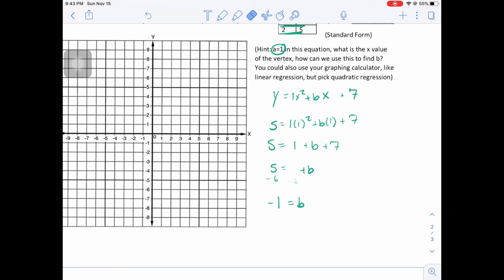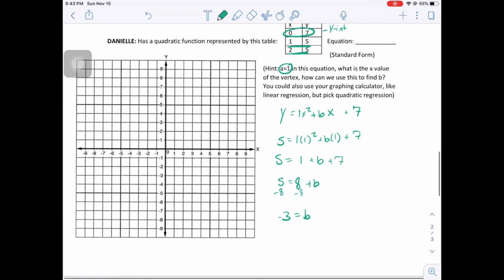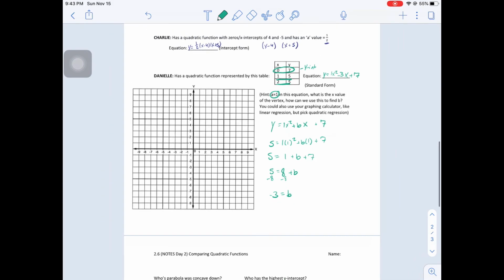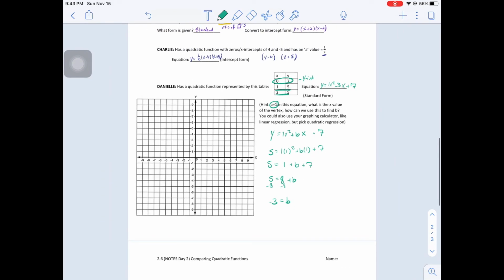Sorry, 1 plus 7 is not 6. 1 plus 7 is 8, so we subtract 8 from both sides. Negative 3 is equal to b. So now we have all parts of this equation, right? y is equal to 1x squared, or I guess minus in this case, 3x plus 7. Boom. And there is our equation.